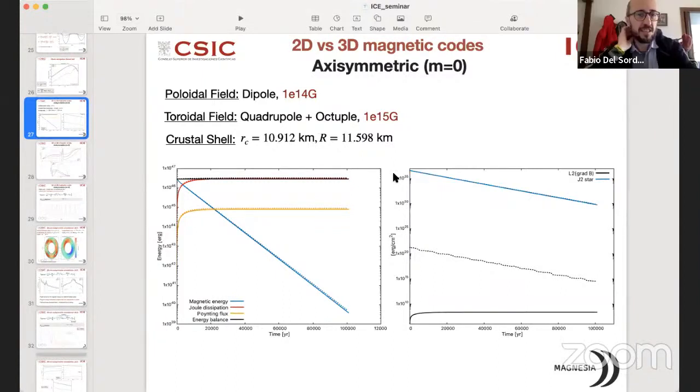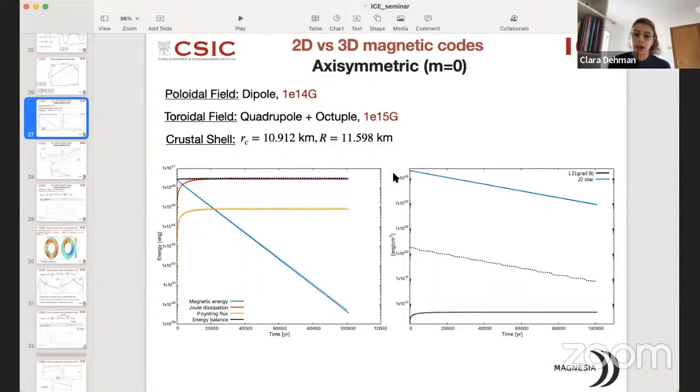I don't know if you have an idea of how to go that way to understand the deviations from axisymmetric modes. I don't think it's only about the coupling with the magnetosphere. Even now, if you start from a non-axisymmetric topology, which is a more realistic topology, we already see that these high non-axisymmetric modes are excited.